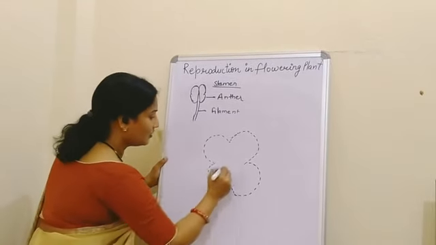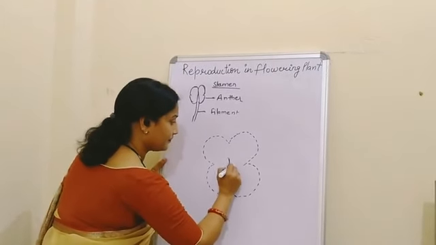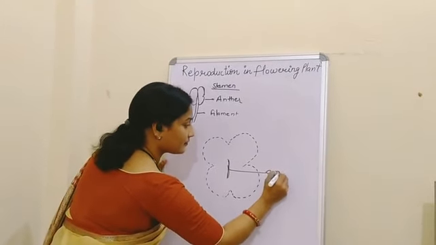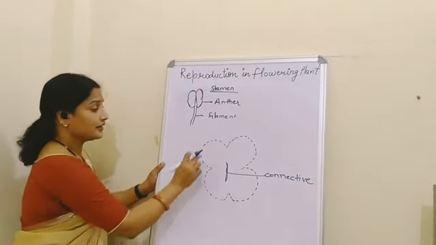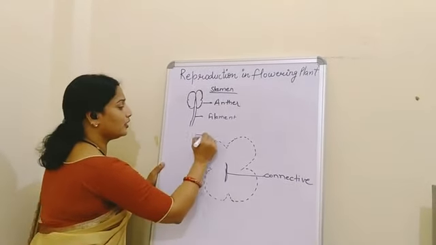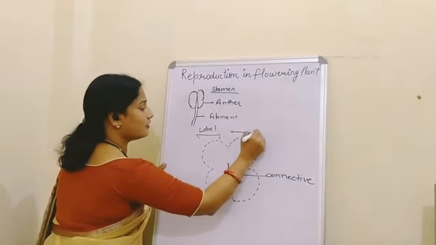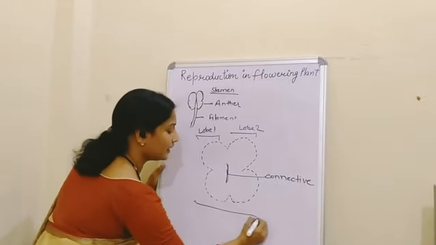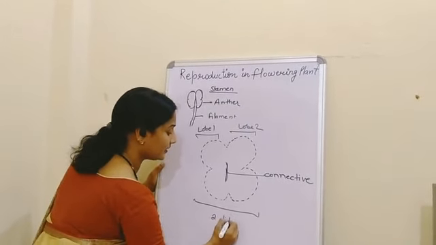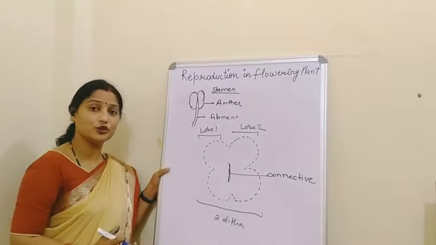Clear? Now, in between there will be the connective, and inside this will be lobe number 1, and this will be your lobe 2. That's why it is diathecous. Clear? That is, it consists of the 2 lobes.